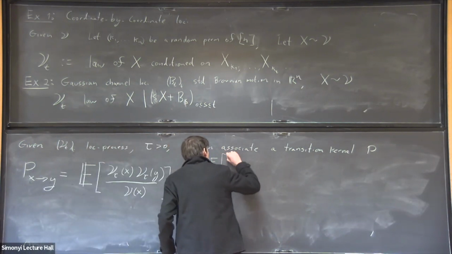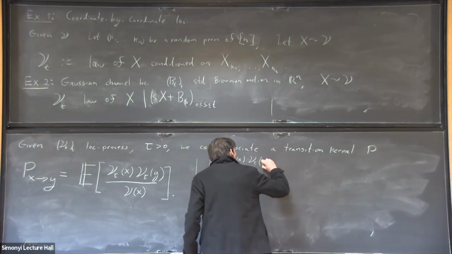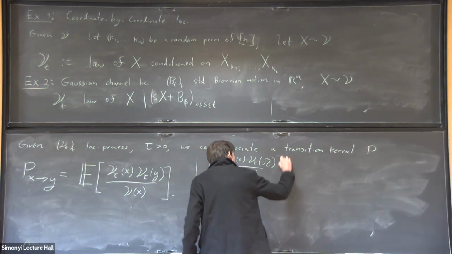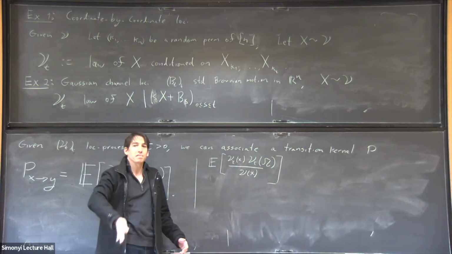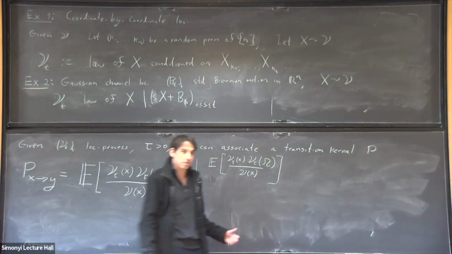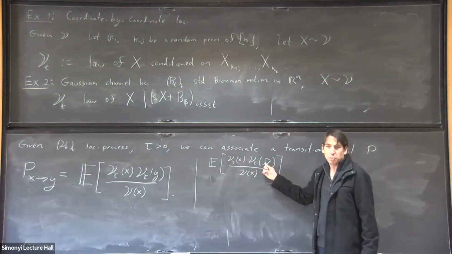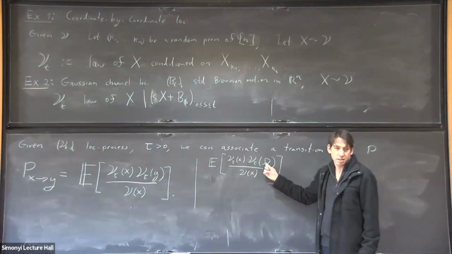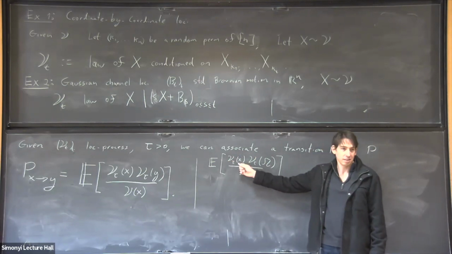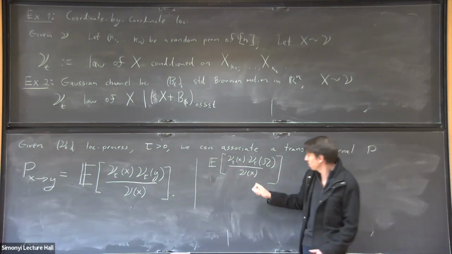It's the expectation of nu_tau(X) times nu_tau(omega) over nu(X). This is just the sum over one row or column of the transition kernel. Well, nu_tau is a probability measure, so this is 1. And this thing is a martingale, so the expectation of nu_tau is just nu at time 0.